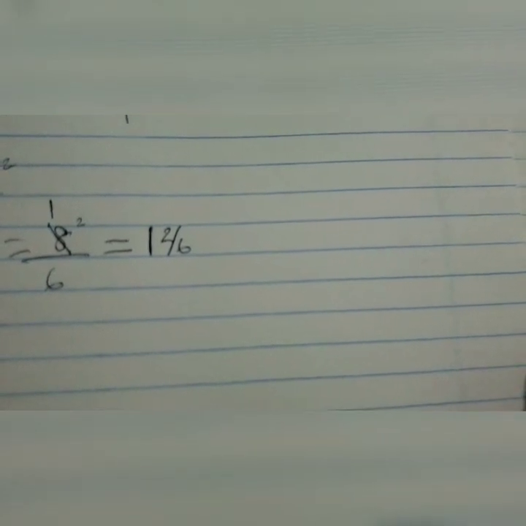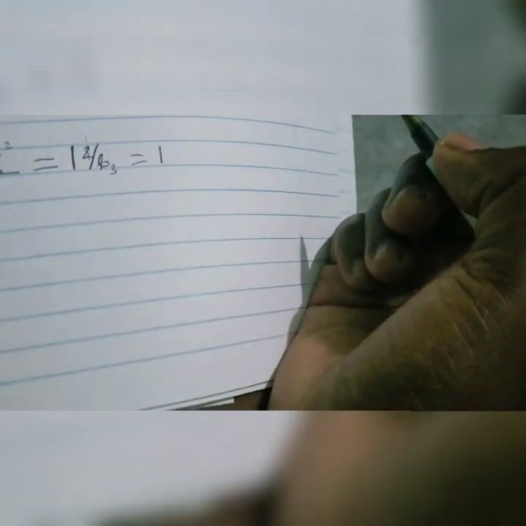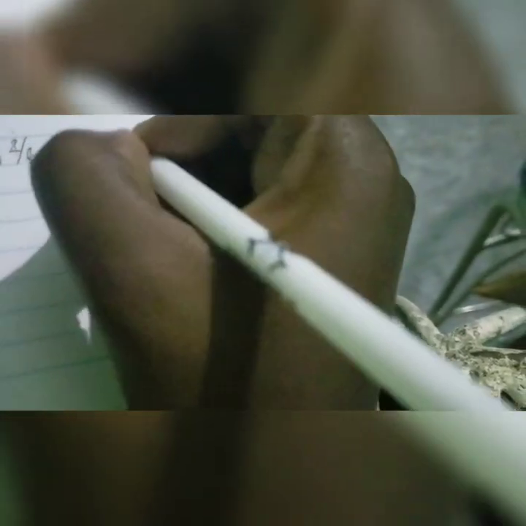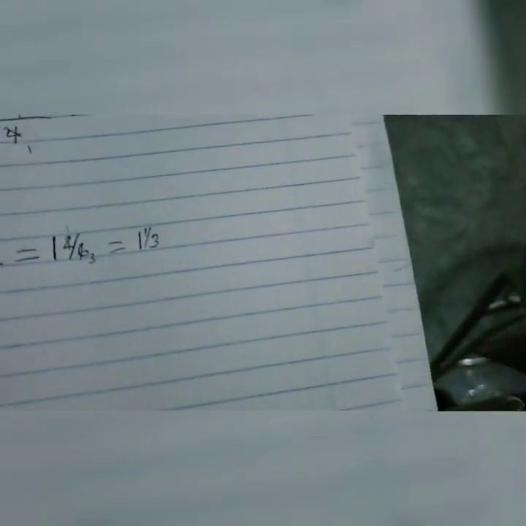When I look, guys, on my answer, I see that this can be simplified more. Alright? So I say equal 1, write back my whole number. I say 2 into itself goes 1 time, 2 into 6 goes 3. So my answer is now 1 and 1 over 3.